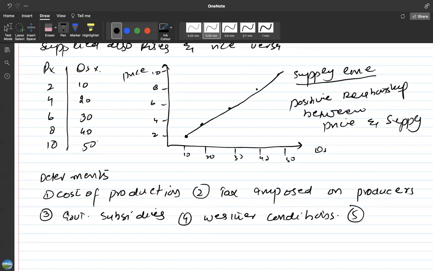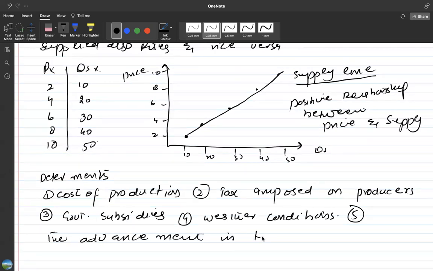And fifth, the advancement in technology that always improves the supply. People will be able to supply more, because the advancement in technology makes it easy for the producers to increase the supply. So that is a brief introduction of demand and supply.